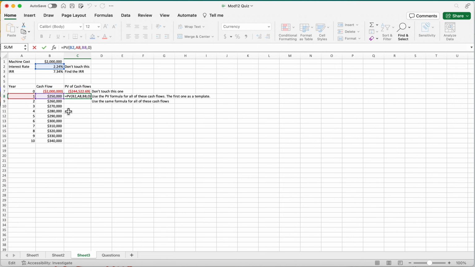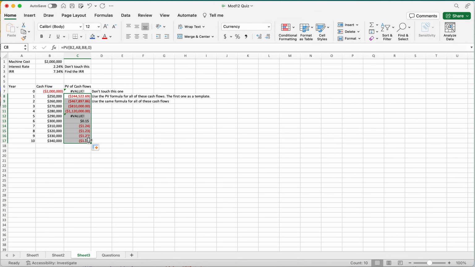All right. So here's the deal. When you copy this down, this is going to copy the formula, but that doesn't look right. When you copy something down, what you're literally doing is you're moving everything down. But we want to keep this interest rate here.